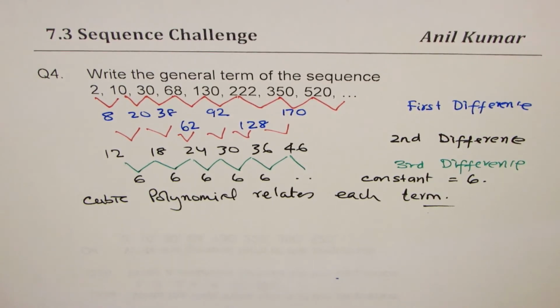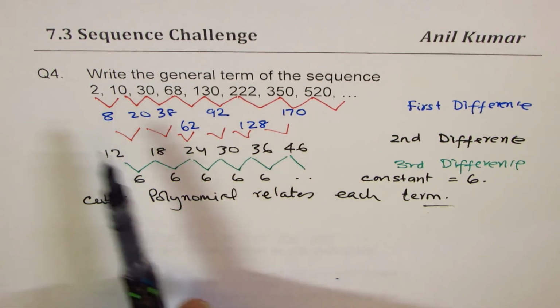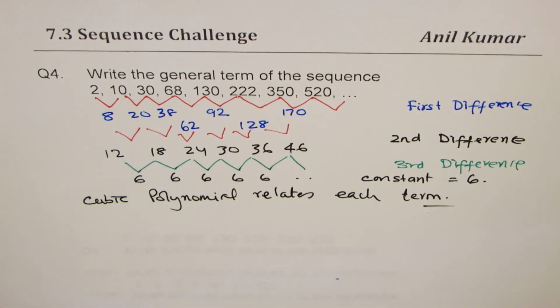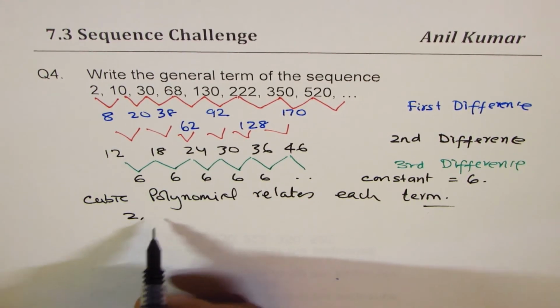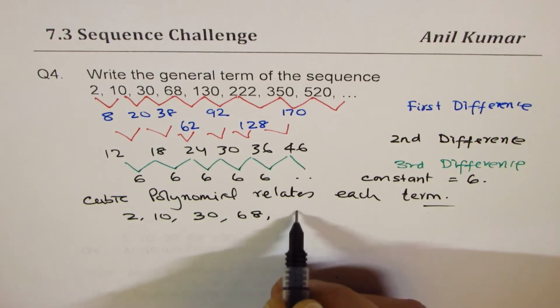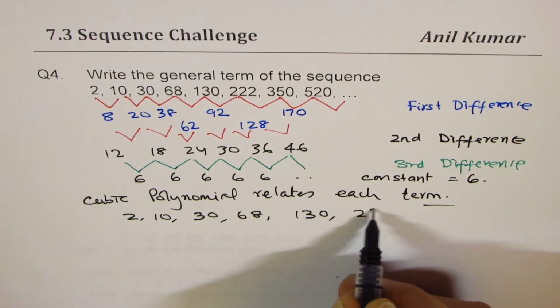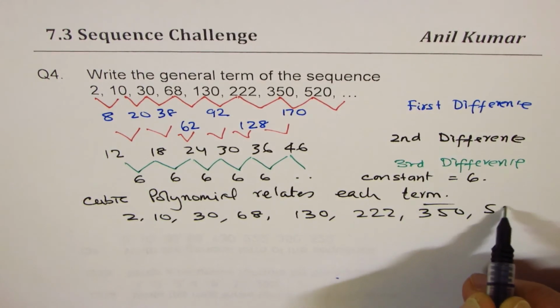So we know it's a cubic equation. Now we could solve a cubic equation, but we'll apply a shortcut method. So we have our terms, which are, rewriting now, 2, 10, 30, 68, 130, 222, 350, and 520.